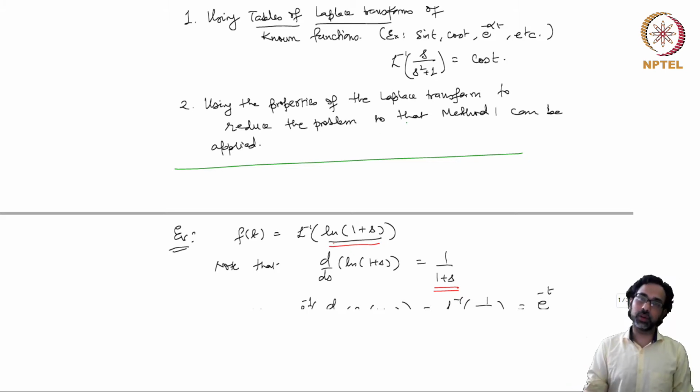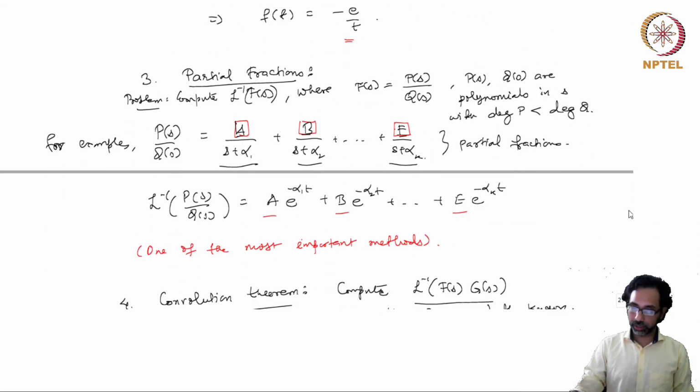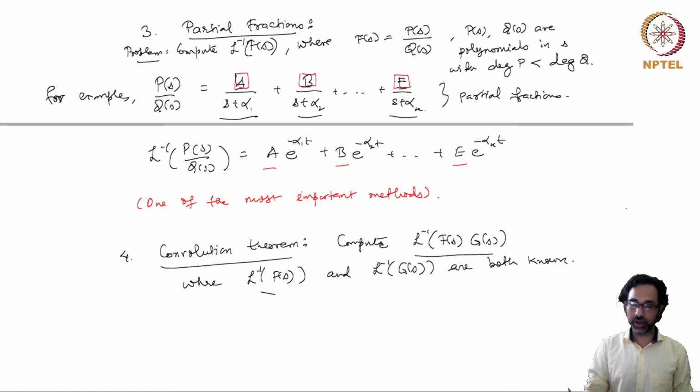We will see it as we go along, and in fact our third method is quite related to the second method, because we are again reducing our problem to computing the inverse Laplace transform of simpler functions.